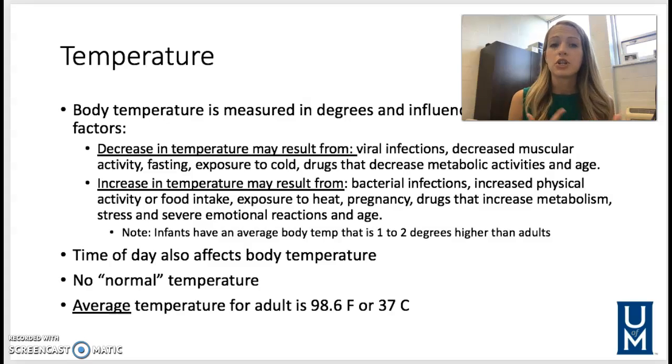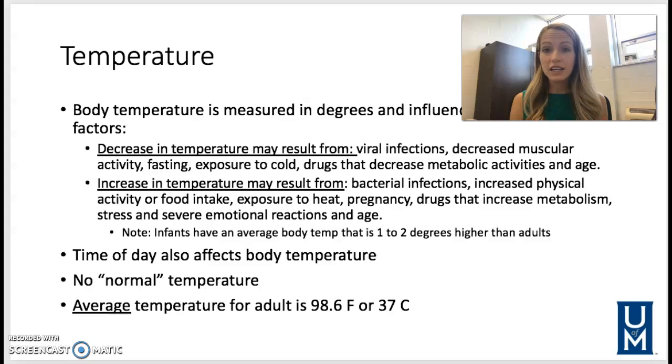So obviously our temperature is measured in degrees, and it's influenced by many different factors. Sometimes we can have a decrease in temperature by certain viral infections. If we're not using our muscles, we have a decrease in body temperature. So if we're just sitting still, we're not active, our temperature will decrease. Fasting, again, I just mentioned how when our body digests food, we create heat.